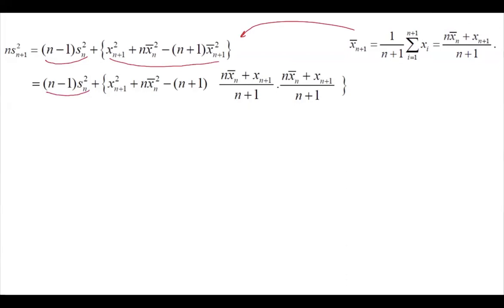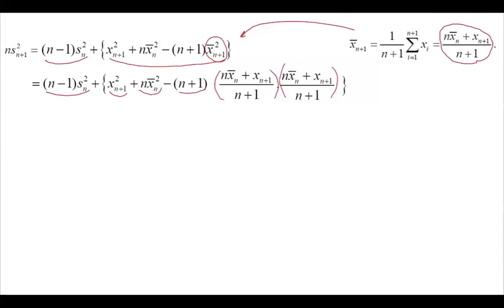For the quantity inside the bracket, you have xn plus 1 squared plus n times the sample mean to the second minus n plus 1. And then now for xn plus 1 bar to the second, use the quantity that you defined here, but it is raised to the second power. So you're going to multiply this by itself twice.